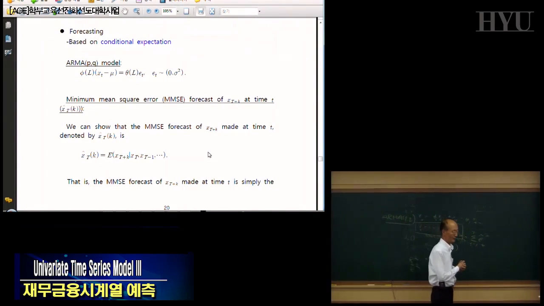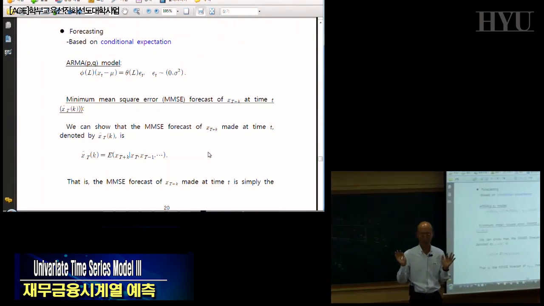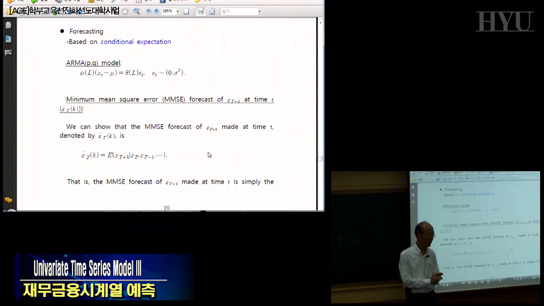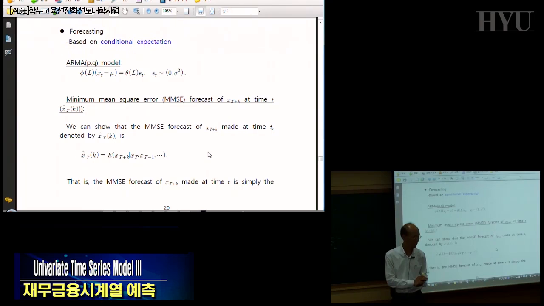Okay, so when you are asked to use a forecasting model, a univariate time series model, the first thing I mentioned was to bring the data to a computer program, check it visually, and see whether it is stationary or not.